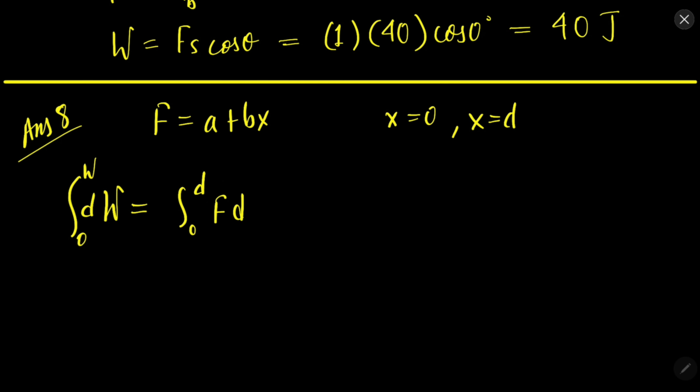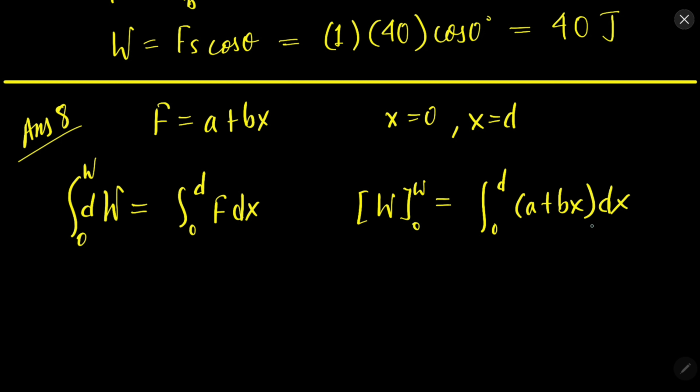So force into dx. The integration will be 0 to W here, and here let's put the values. So F is a plus bx into dx. So work done minus 0 equal to, now let's take them out individually.